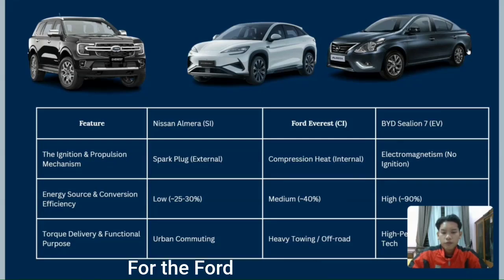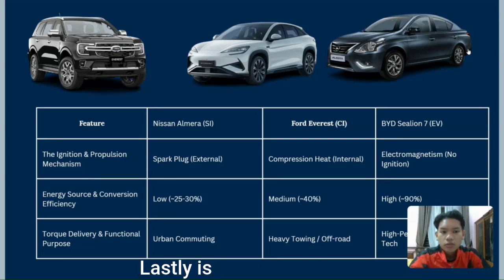For the Ford Everest, it is better, around 14% efficiency, since diesel engines are more efficient than petrol. For the BYD Ceylon 7, it is around 19% efficiency because most of the energy from the battery is directly used to move the car.